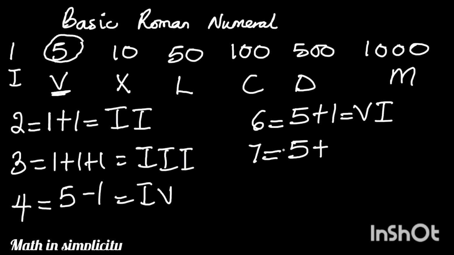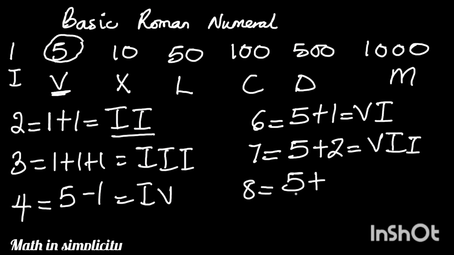That's 2. 5 is V, and we already have 2 as II, so we just keep going. It becomes very easy if you understand the process. 8 is 5 plus what to give me 8? That's plus 3. 5 is V, 3 is III, until we get to 9.